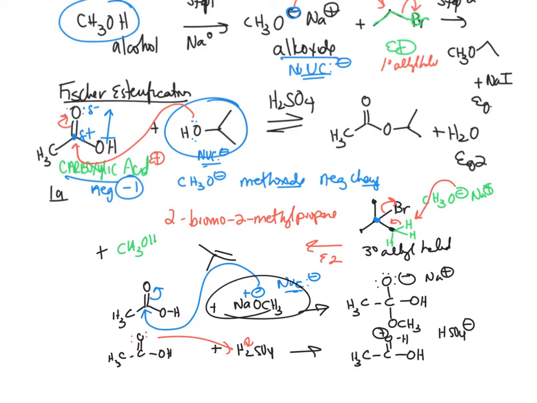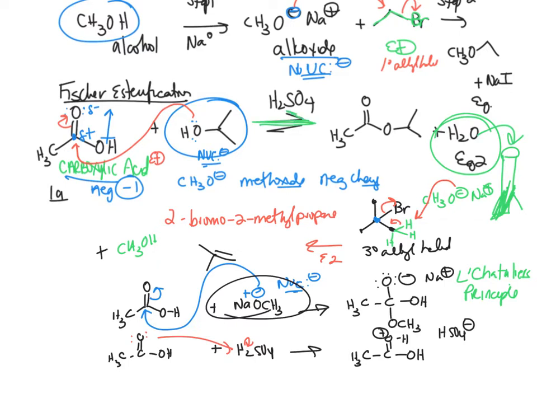So this is called Le Chatelier's principle. You learned it in general chemistry. And if we use a Dean-Stark and we pull off the water, so we trap the water in this apparatus, and that will drive the reaction forward.